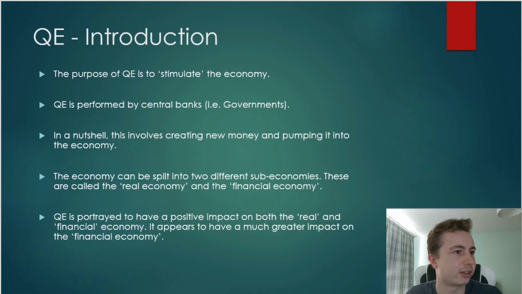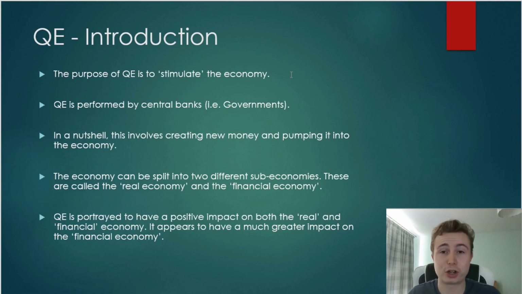The first slide we have then, QE, an introduction. Let's take a look at the first item. The purpose of QE is to stimulate the economy. So when we think about quantitative easing, when does it happen? We can think back to the last financial crisis in 2008. It was a technique that was employed then, in 2008-09.